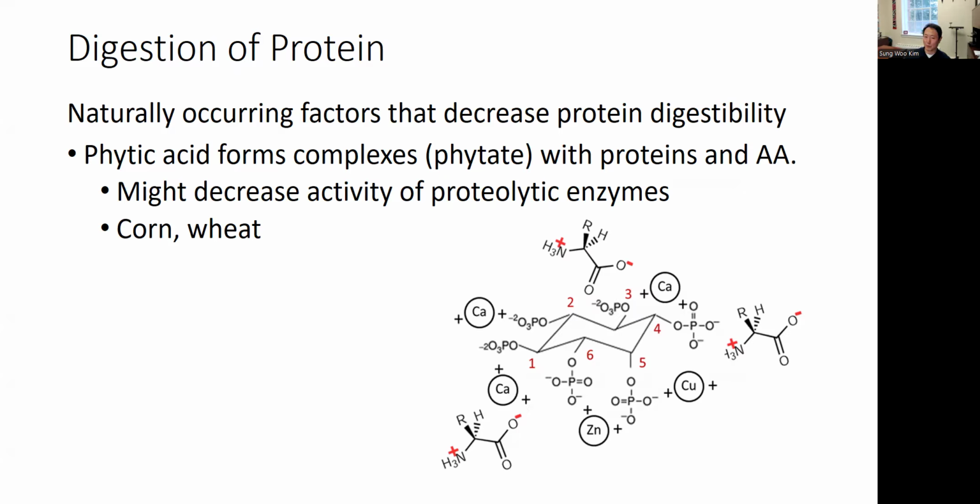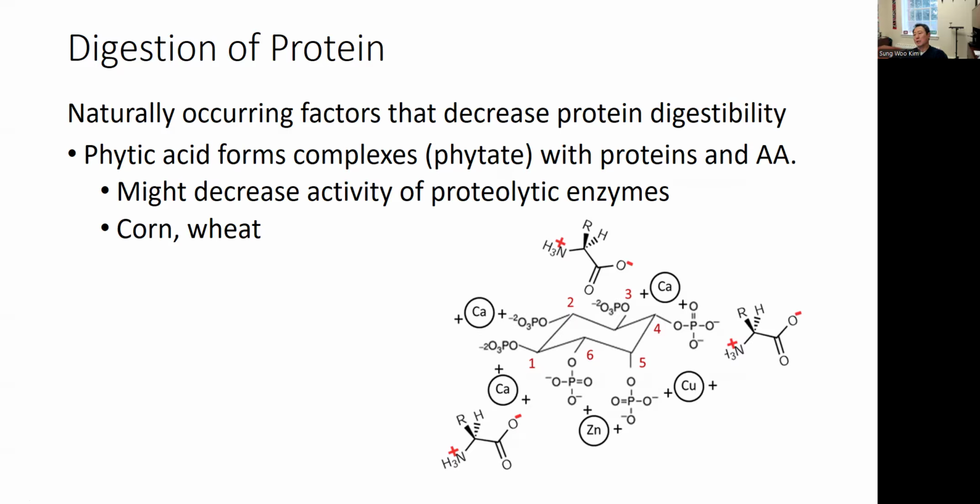Right? So phytate is causing the poor use of phosphorus by the animal. But in addition to that, the phosphoric acid attached to the inositol as a part of phytic acid will bind with other minerals, as well as amino acids, right?